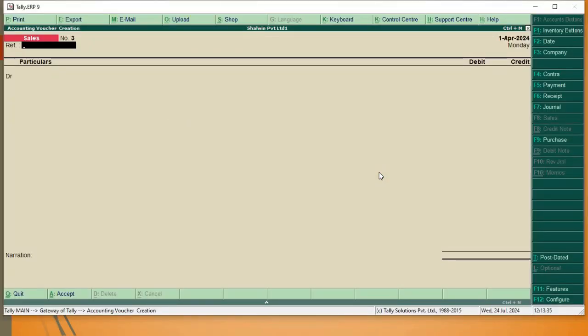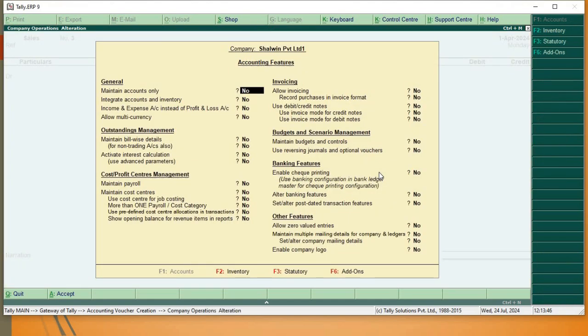In order to make a credit note, the shortcut key for credit note is Control F8, but I will not get it here because I have not set the features. So in F11, make the option use debit or credit notes yes. This option should be Yes. Only then you'll get credit note and debit note if you are using the shortcut key.